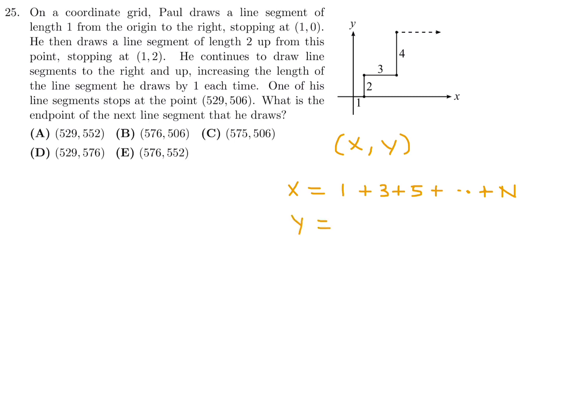The y-coordinate, if you look at it, it'll be going up. So 2 plus 4 plus 6, and so on, until we get to some value. And again, I don't know what it is, so I'll just call it m. But one thing I do know is that n and m are very close together. They're only 1 apart.